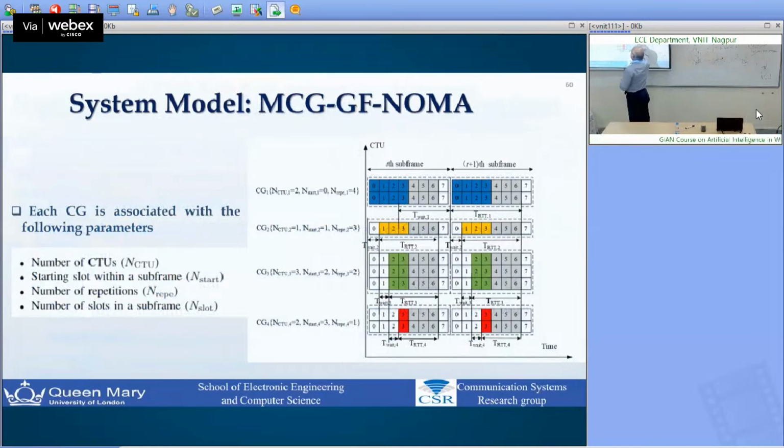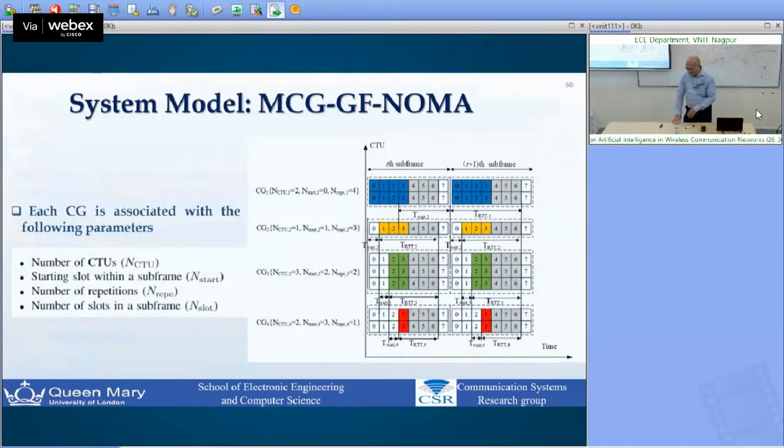This is 1 CTU, another CTU here. Here we have the configuration starting time 2. Repetition here is 2, here 3, here 4, here 1. Starting slot from 2, here starting slot 1, starting slot 0, starting slot 3. These are examples for the number of CTU, number of repetitions, and the starting slot.